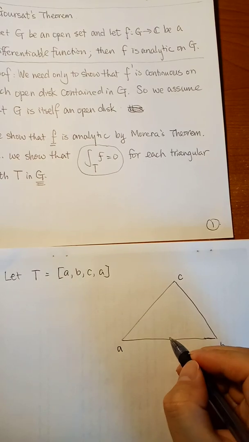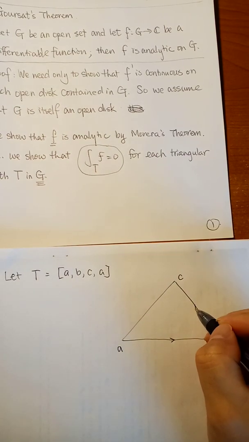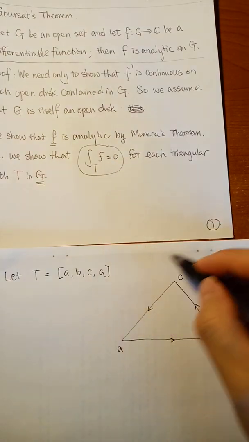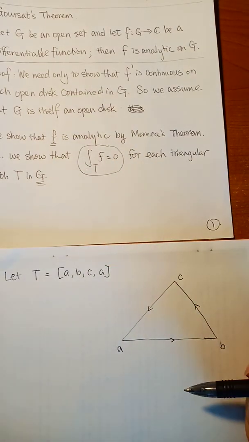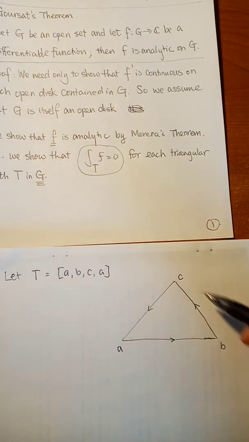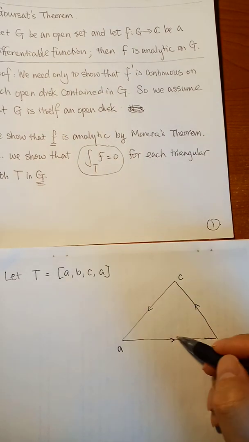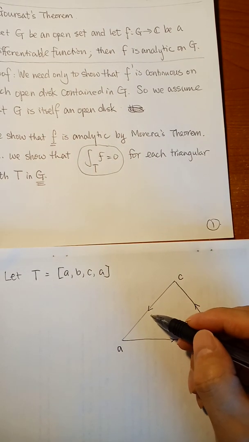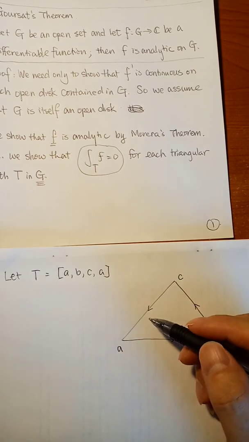Now let's choose counterclockwise, because eventually we will show it is equal to 0. If you choose clockwise, you will get a negative sign. Negative 0 is still 0. So it's fine to select whatever orientation. It must be compatible; you cannot get one direction on one side and the opposite direction on the final side. That's impossible, right?